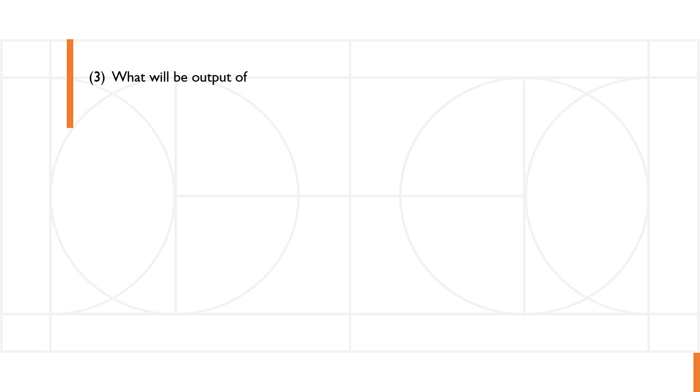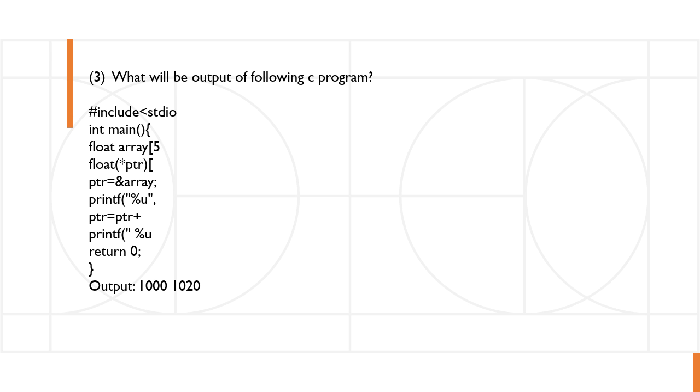What will be the output of the following C program? So float array[5] = {1.1f, 2.2f, 3.3f}, float (*ptr)[5], ptr = &array. So printf("%u", ptr), ptr = ptr + 1.